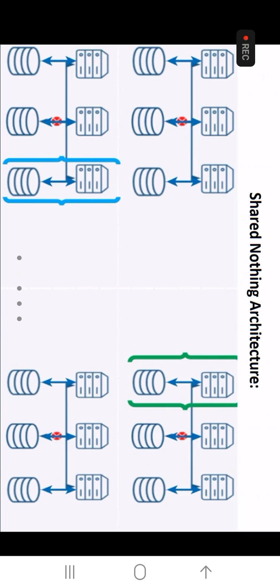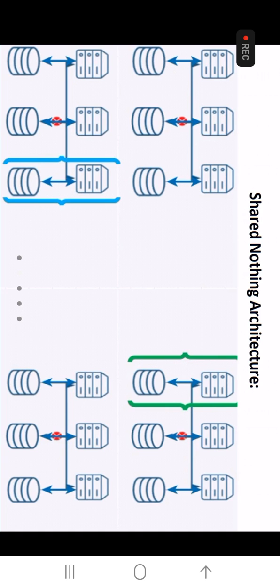Okay, so to solve this problem in shared nothing architecture, we assign a storage for every compute node. The advantage here is that processing and compute are together, distributing the data across the processing nodes.